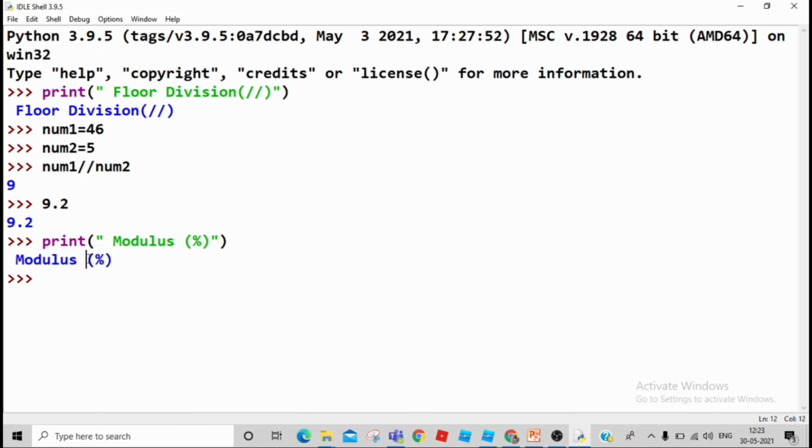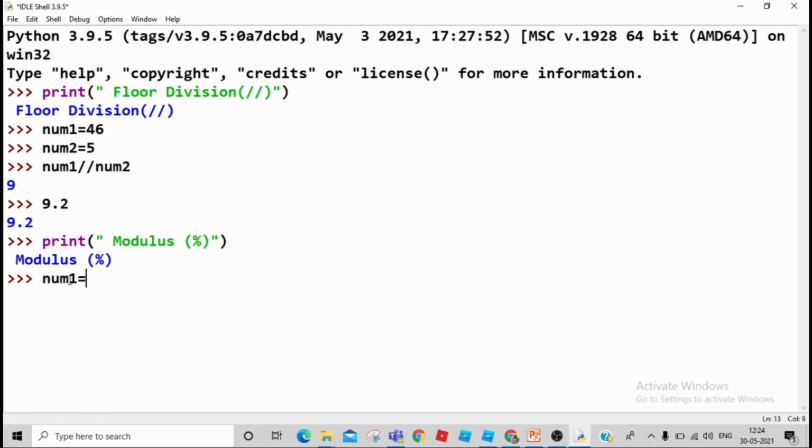This is its sign. So what is modulus? I will tell you. The modulus operator divides one value by the second and gives their remainder. It's just like the old one but it's very different. In floor division it gives us the quotient, and in modulus it gives us the remainder, not the quotient.